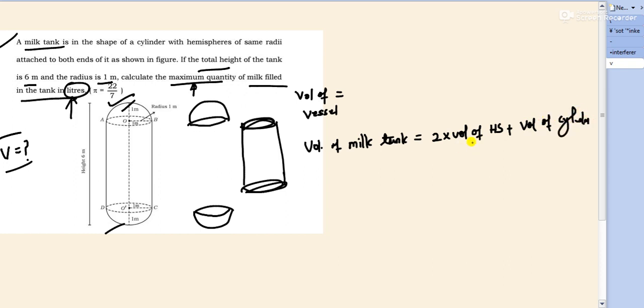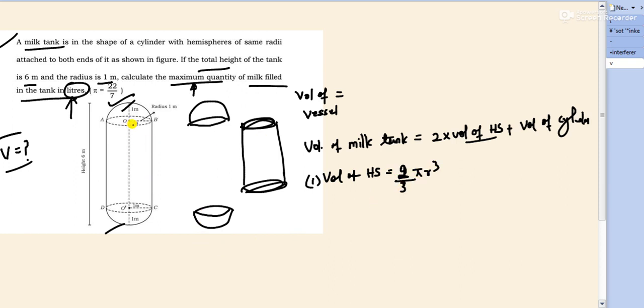Okay, so you have to first find the volume of hemisphere. So volume of hemisphere is equal to, what is the formula? Hemisphere means 2 by 3 pi r cube, correct?